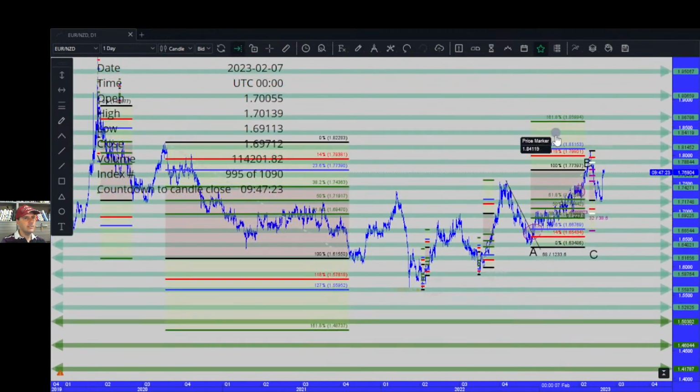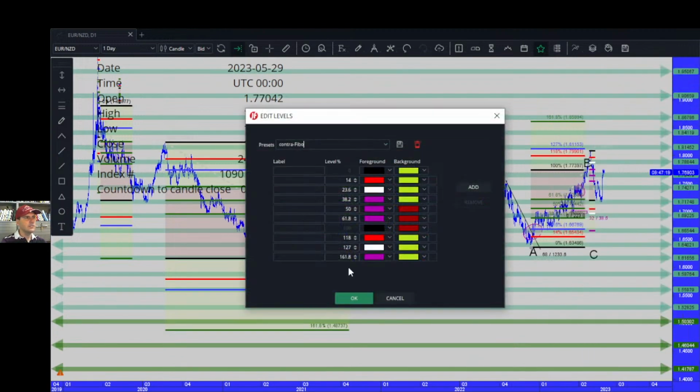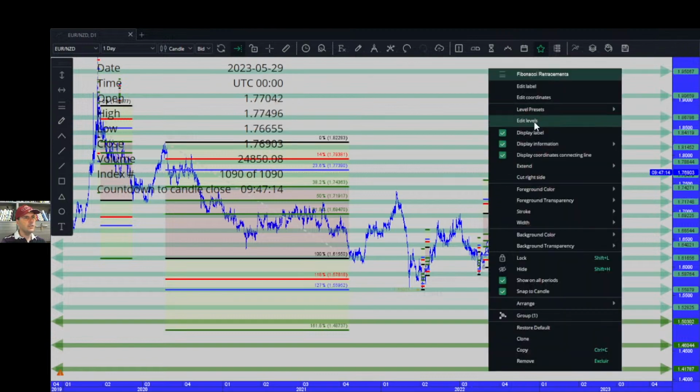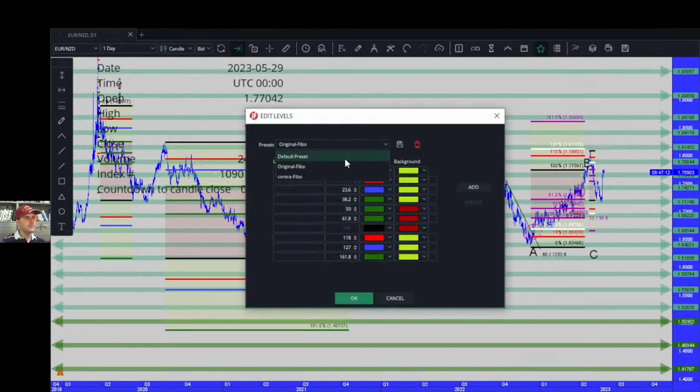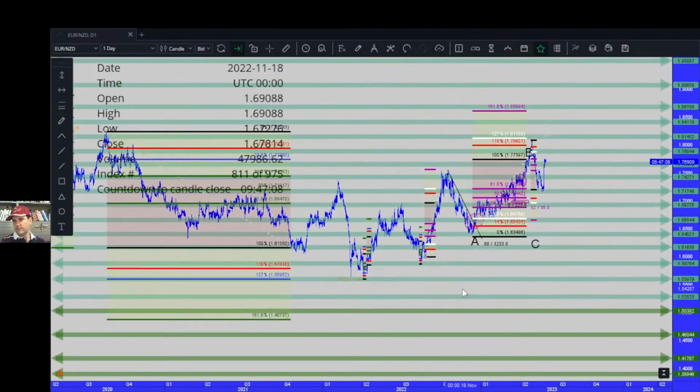Alright everybody, see? The original Fibonacci on the daily is down, the contrarian is up. Which one are you going to trade? Daily down, Broto, yes sir.